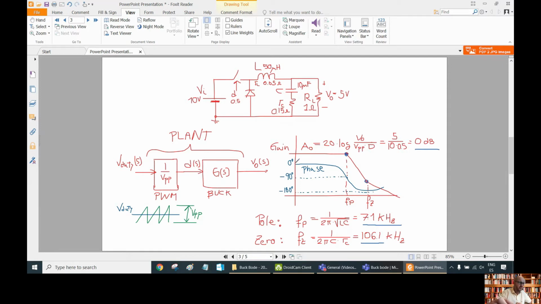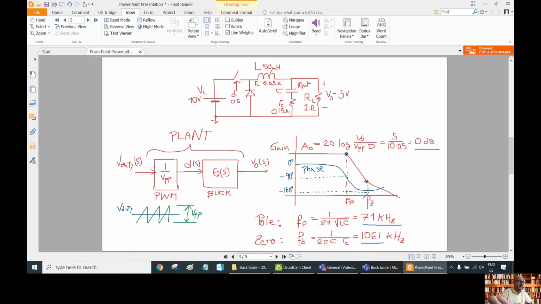And the phase is going to be 0 at the beginning, and then it will go to minus 180, but then it is going to increase again because of the effect of the zero, ideally ending in minus 90 degrees. So our objective is to obtain this frequency response using LTspice.